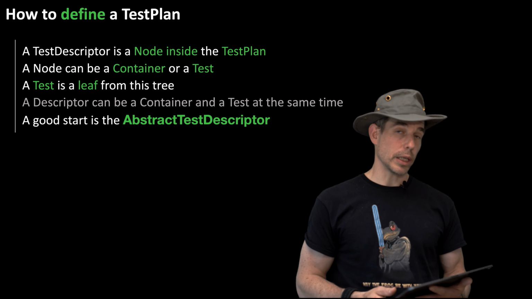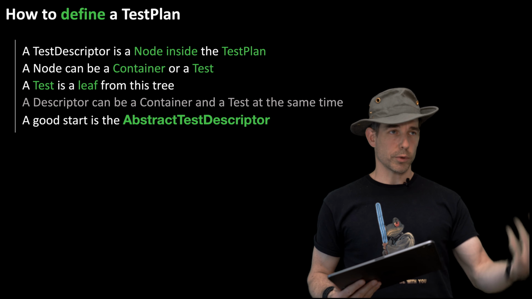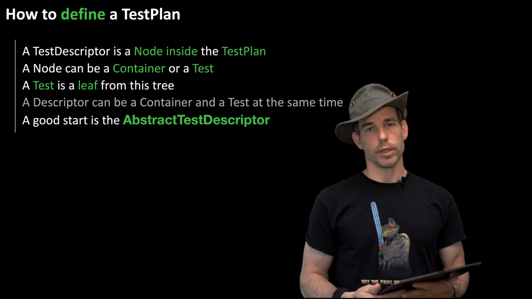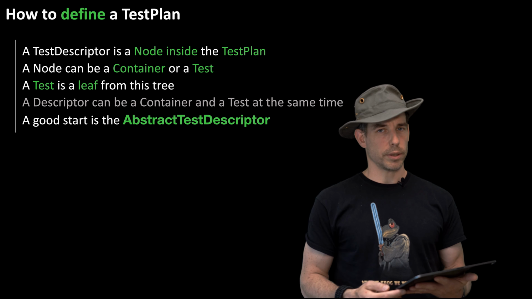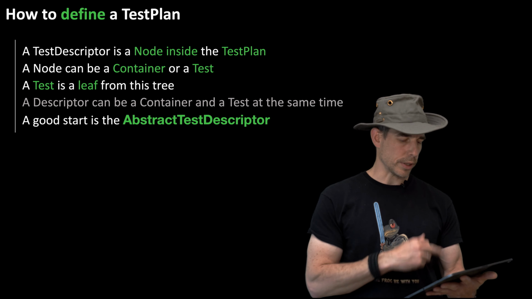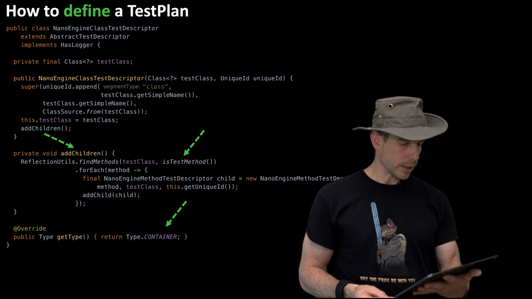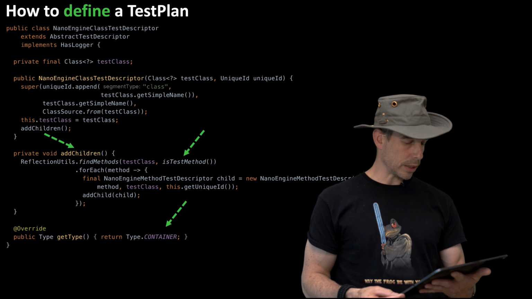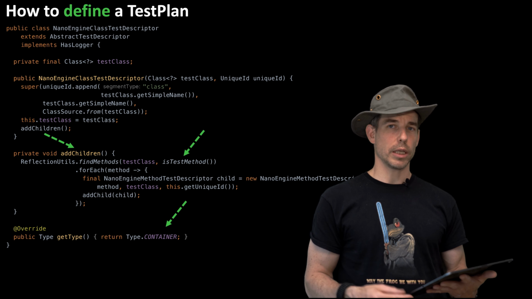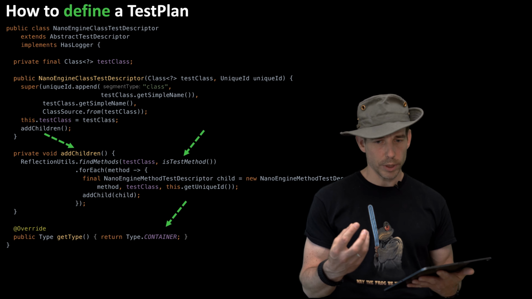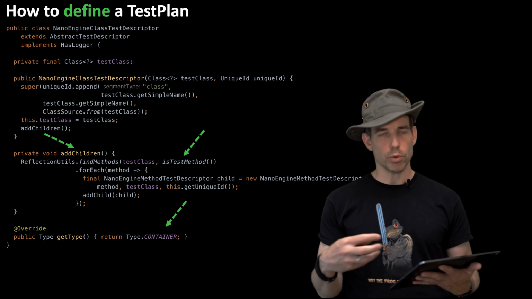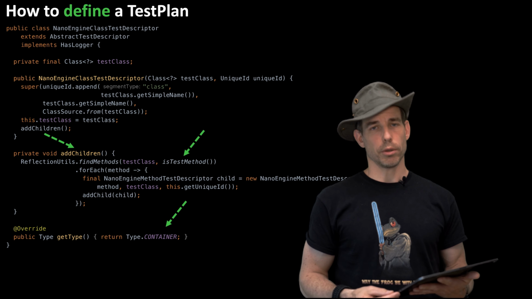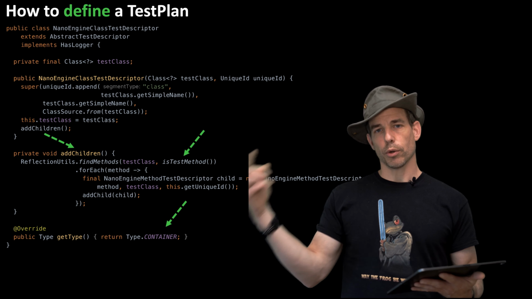And a good thing is, don't start from scratch from the interfaces they're providing. Start with the abstract test descriptor and just use this as a basic reference implementation to extend. Okay, so a test descriptor extending the abstract test descriptor, and here you just have to deal with this: if it is a container, you have to have the possibility to add children, and if you are just a test, mostly you don't need this, and then just going recursive.